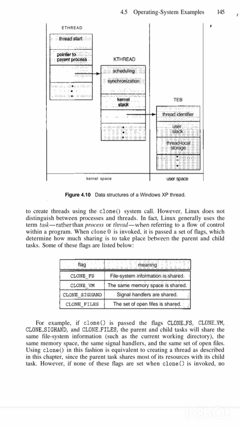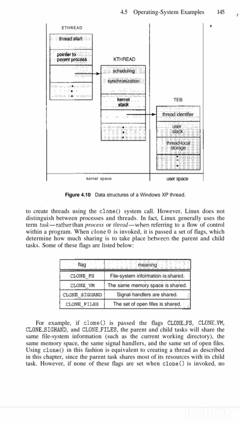For example, if clone is passed the flags CLONE_FS, CLONE_VM, CLONE_SIGHAND, and CLONE_FILES, the parent and child tasks will share the file system information, such as the current working directory, the same memory space, the same signal handlers, and the same set of open files.